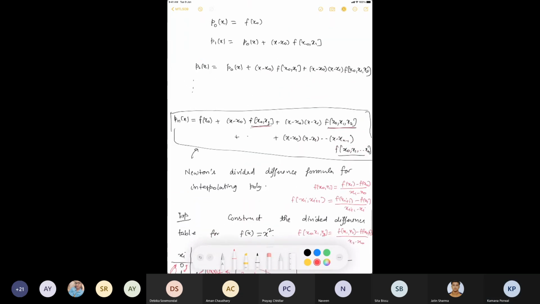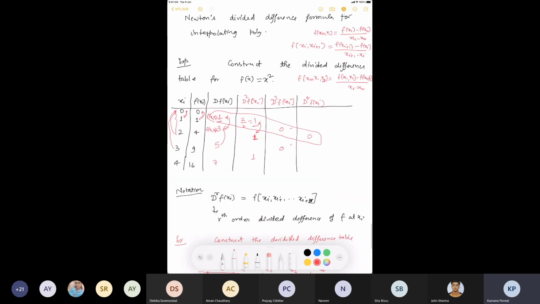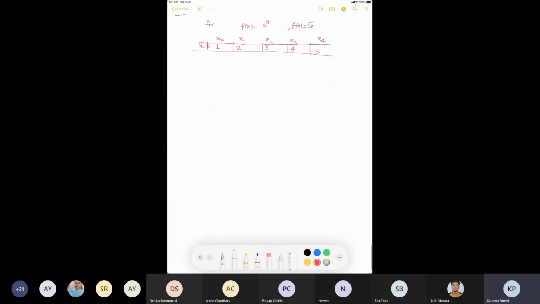Now we have found a new form of the interpolating polynomial, right? So we can also obtain the error formula using these divided differences.